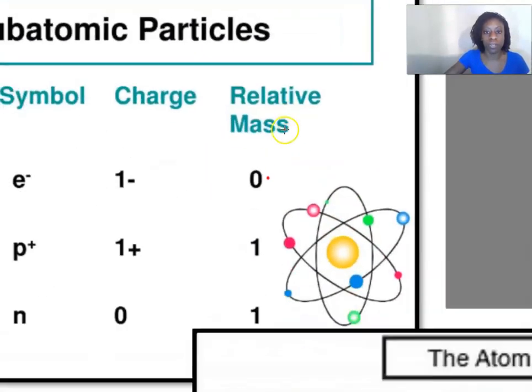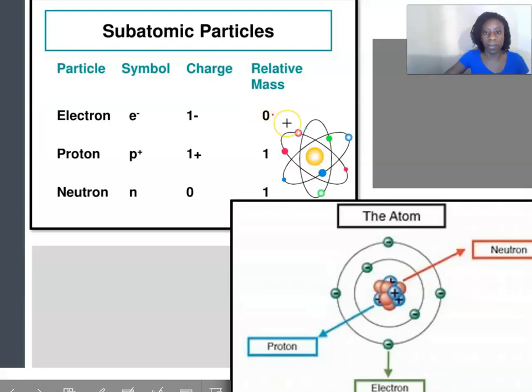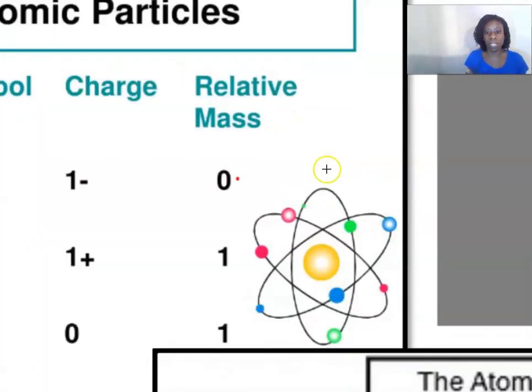Let's go back to the mass of these subatomic particles. When we're looking at the relative mass, protons and neutrons are very similar in mass. They both have a mass of about 1 Dalton, and that's the unit of measurement that we use for atoms and subatomic particles. Pretty much all of the other units of measurement that we're used to, like grams or milligrams, are kind of useless because subatomic particles are so small.